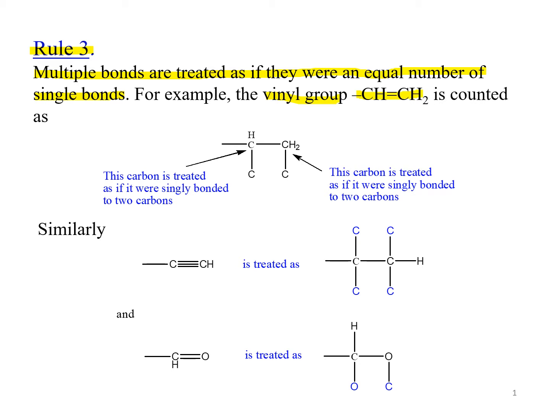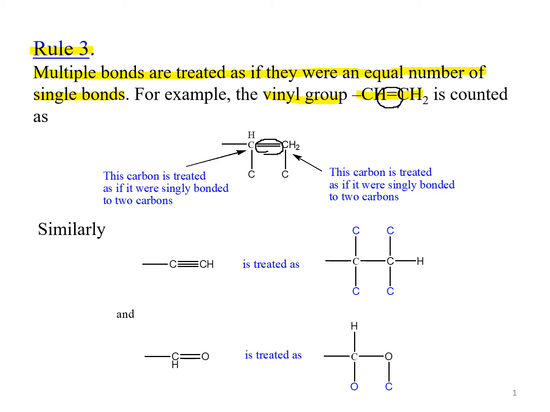So instead of the double bond that we see here in between these carbon atoms, we will put in a single bond, as we can see here in the diagram. So this is the rule that we will treat it as an equal number of single bonds.